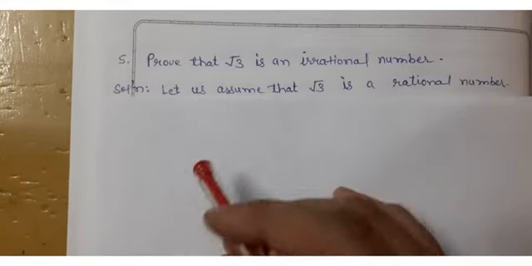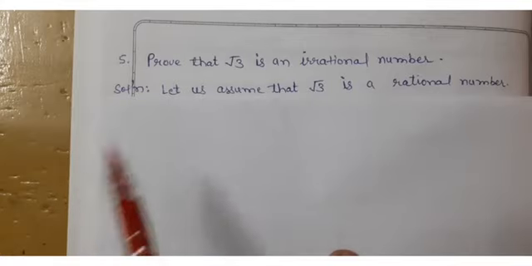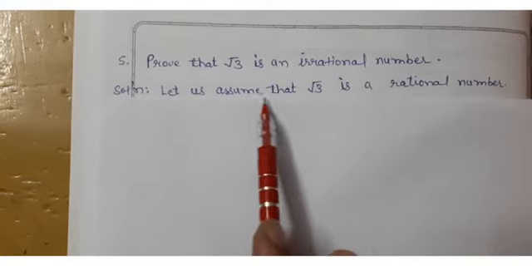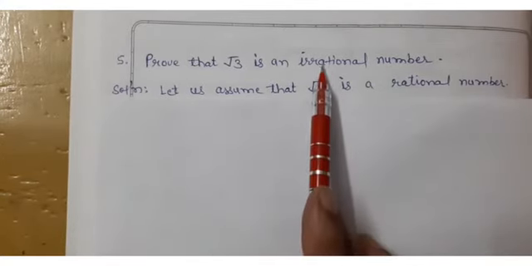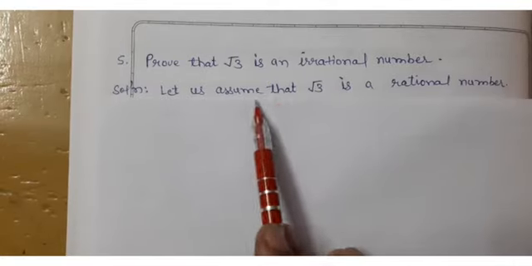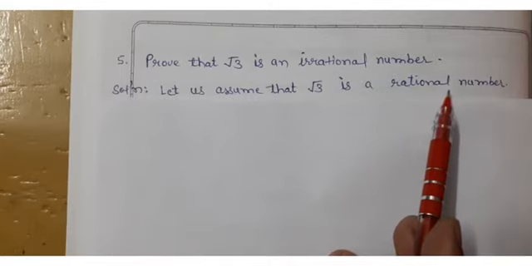Yes. The next question is, prove that root 3 is an irrational number. Okay. So we have to assume that. Let us assume that under root 3 is a rational number. We have to prove irrational number, we are assuming its opposite. And what do we know about rational numbers?